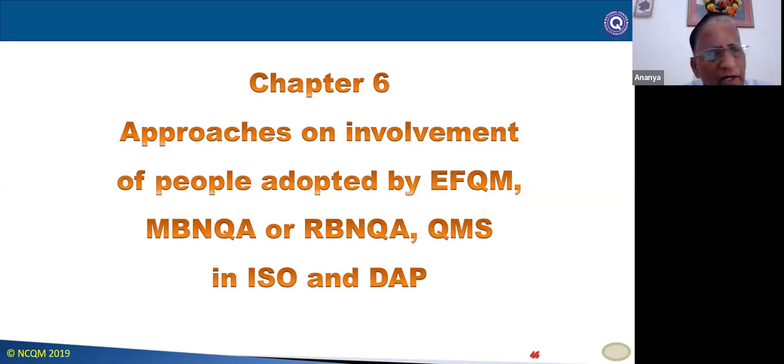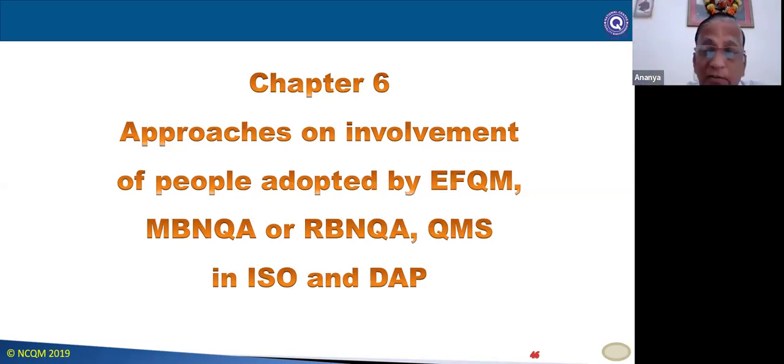All these general models talk about three principles: people, process, and result. People again means involvement, empowerment, training, skill base, all those things.